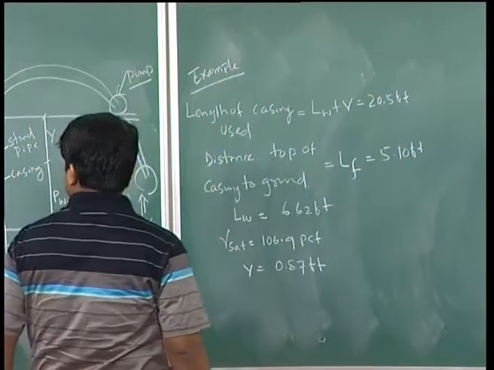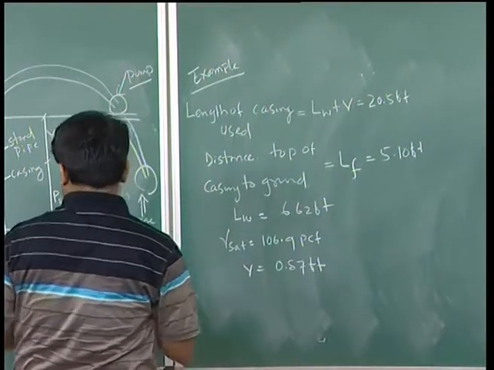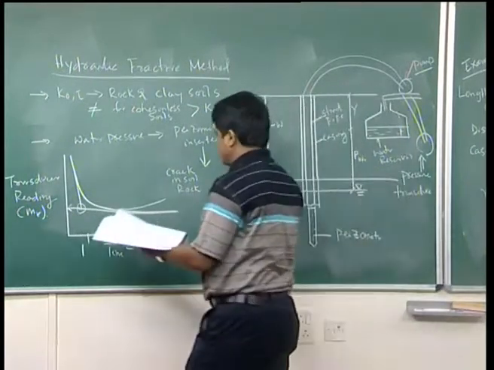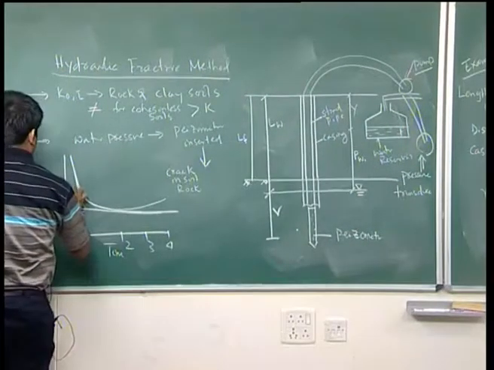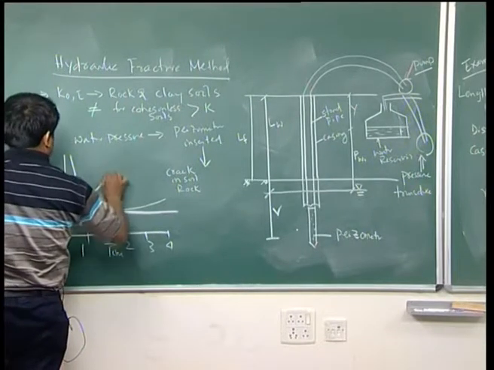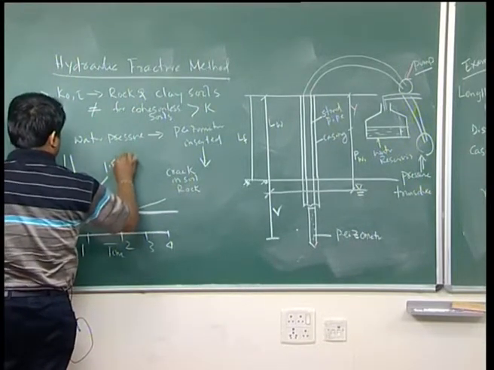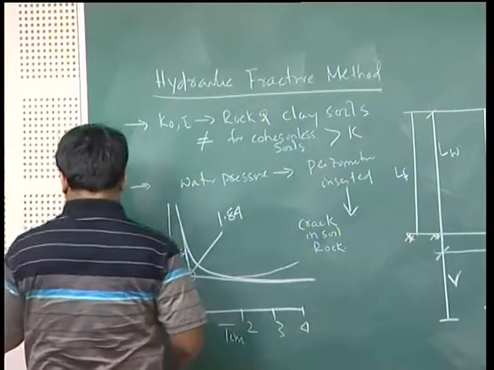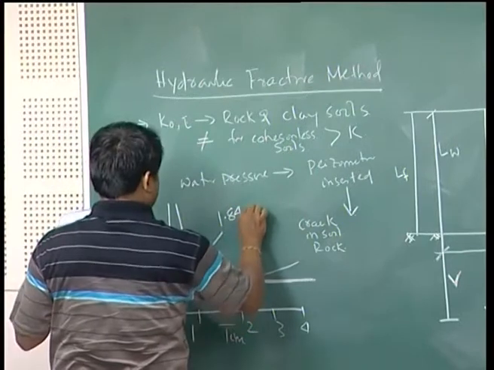So, this pressure transducer calibrated as it is given, from this pressure transducer it is coming out to be 1.84 MV.